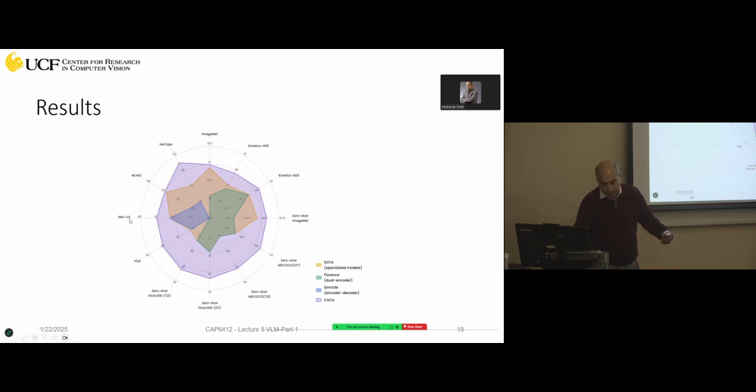Then we have here zero-shot ImageNet, simple. Then we have video actions, Kinetics 600, and this is 400. Then the ImageNet, I think they probably fine-tune on that, NoCaps and all those things.